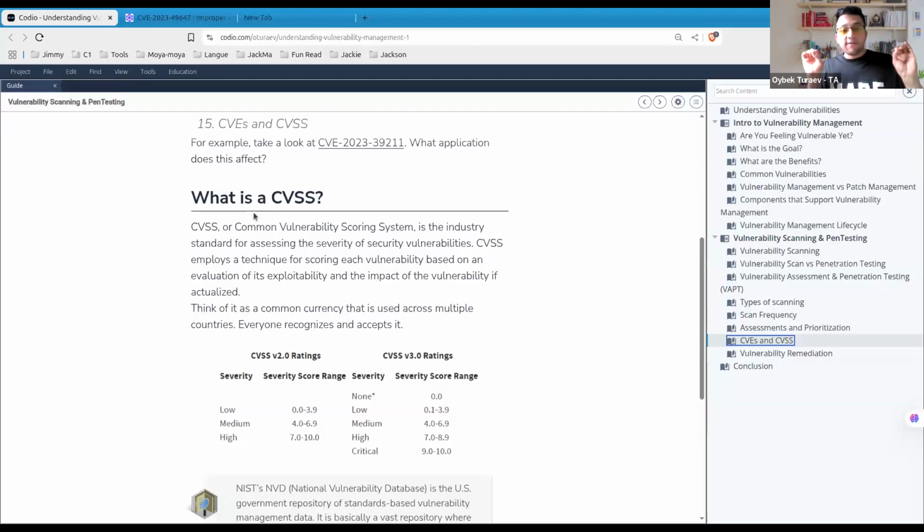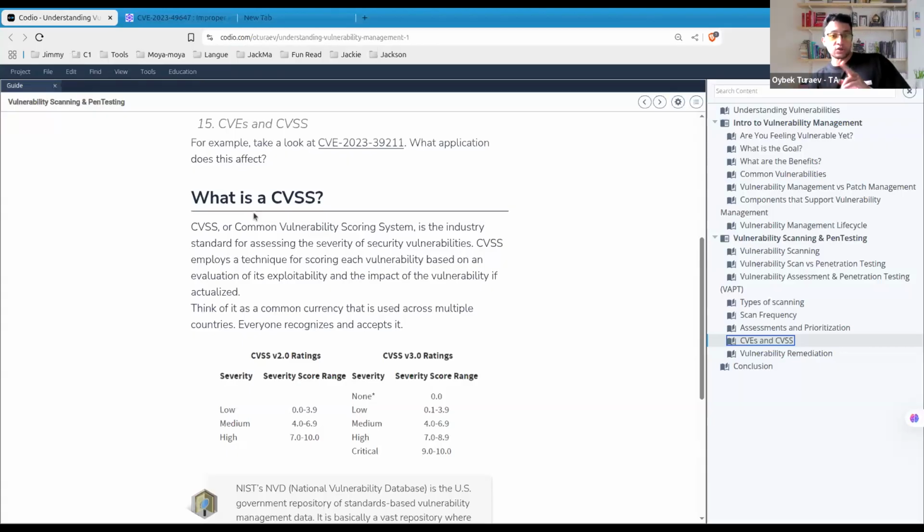Medium means starting from 4 to 6.9. From 7 until 8.9, it's going to be high. And then we have critical as well. It's going to be 9 to 10.